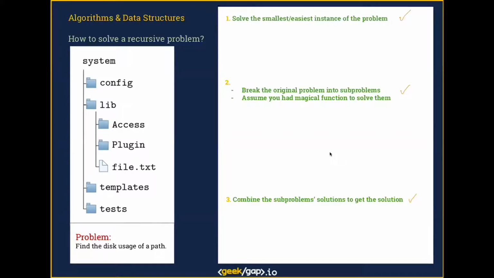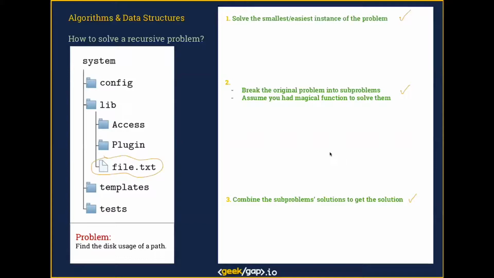So let's try to do this in our example for finding the disk usage of a path. What could be the smallest instance of this problem? I can think of 1 or 2 cases. One of the smallest cases could be finding the size of a file, right?